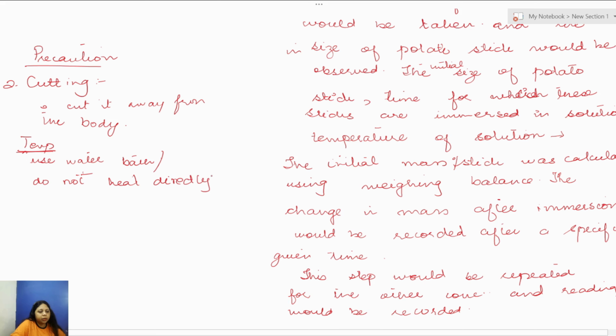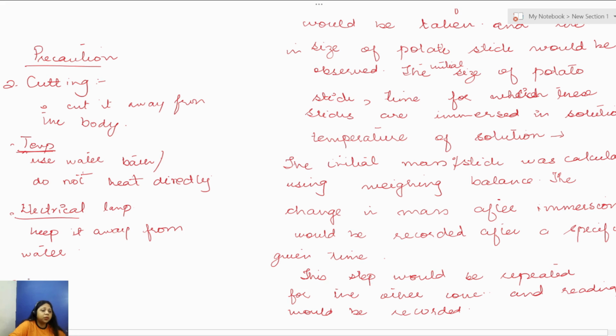Okay. If you're using any electrical appliance, for example the electrical lamp in photosynthesis, keep it away from water so that you won't experience any shock. So these are different precautions that you need to keep in mind.